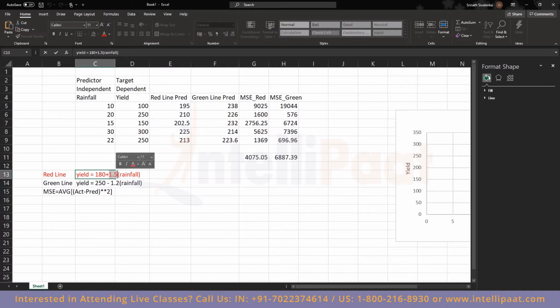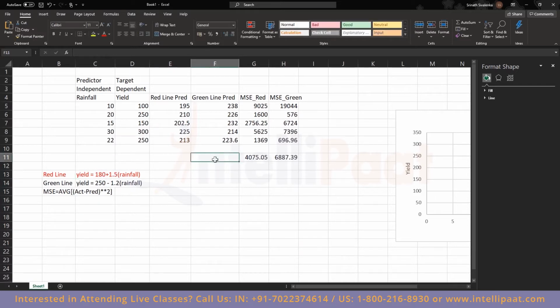If I keep doing this continuously, there is no end to it. I might always find a particular value which is better than, let's say, the red line. As a matter of fact, I don't even know if there is a better value of M and C that would give me a lower mean squared error, right? And I would always ideally want a value that gives me a lower mean squared error.